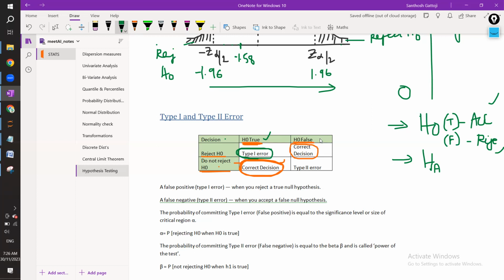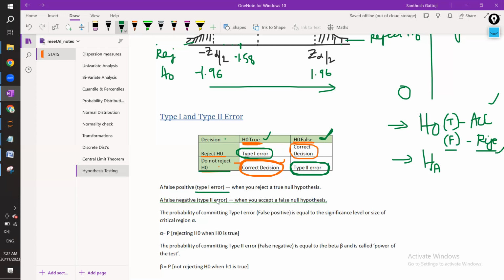And if it is false, you should reject it. But if it is false and, according to your test statistic and whatever you have calculated, you are not rejecting, that is also an error. Agree? Yes, sir.